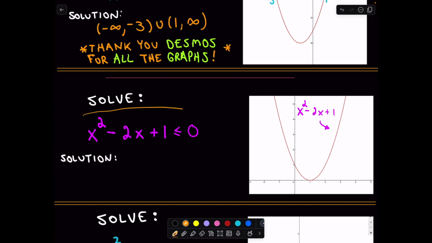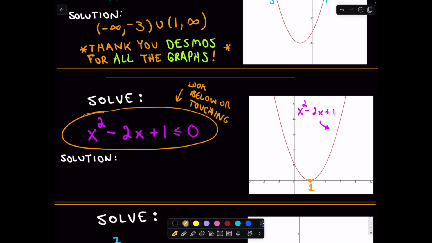Suppose I want to figure out where x squared minus 2x plus 1 is less than or equal to 0. Well, there's my nice graph of x squared minus 2x plus 1. Now notice it just touches the x-axis at x equals 1. So this inequality says look either below or touching the x-axis.